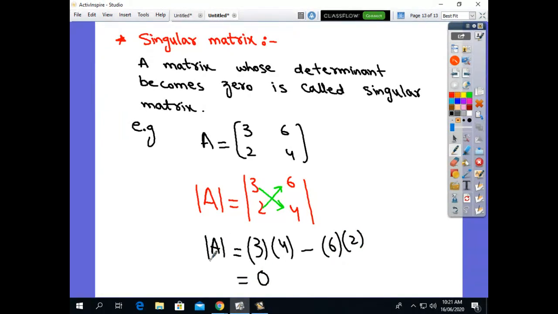Any matrix whose determinant becomes 0 is called a singular matrix.